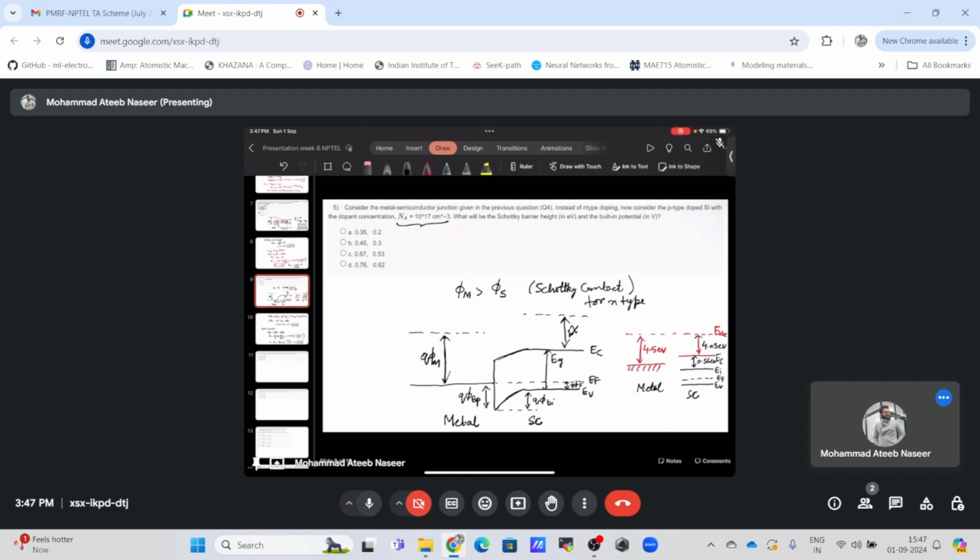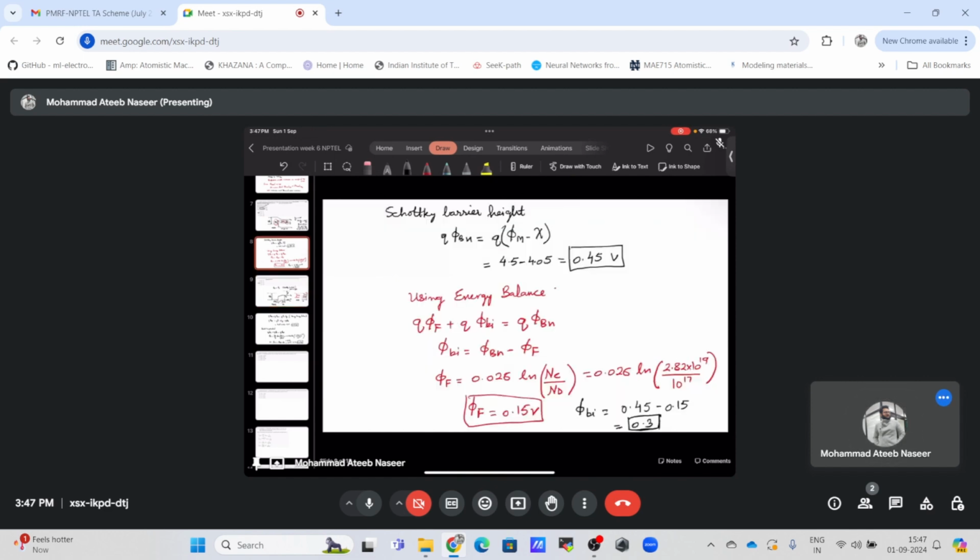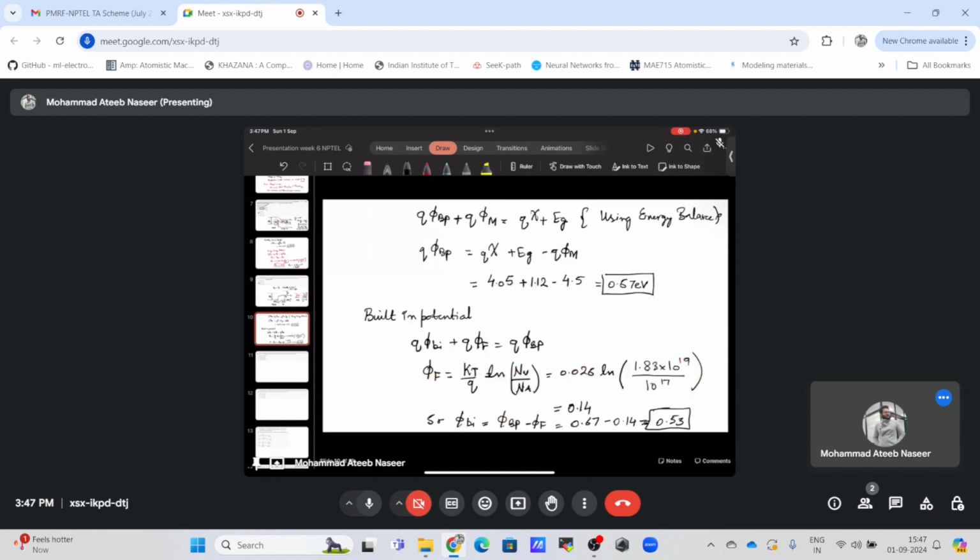So the answers are 0.53 and 0.67. So option C, 0.67 and 0.53 volts.